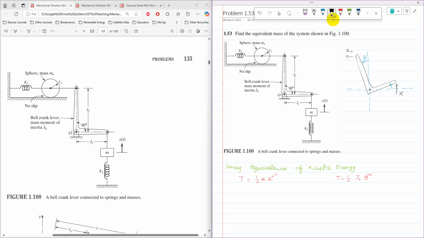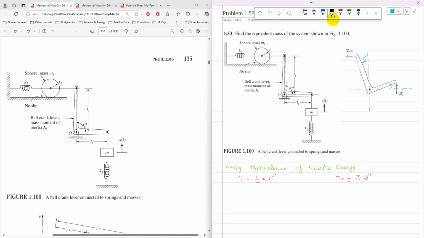Now for the sphere, because we say no slip, the center of the sphere is moving. When the center of mass is moving, it will have a translational kinetic energy, and the sphere is also rotating, so it has some rotational displacement as well. So the sphere will have rotational kinetic energy as well.